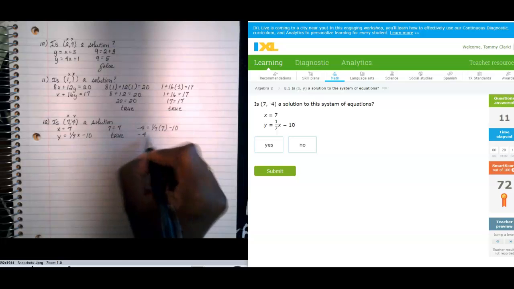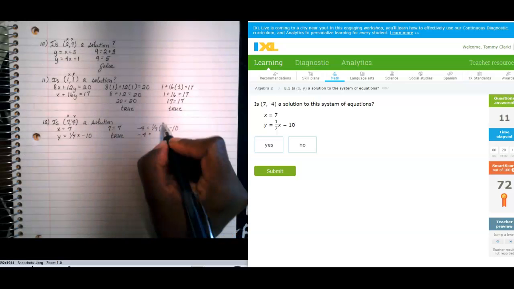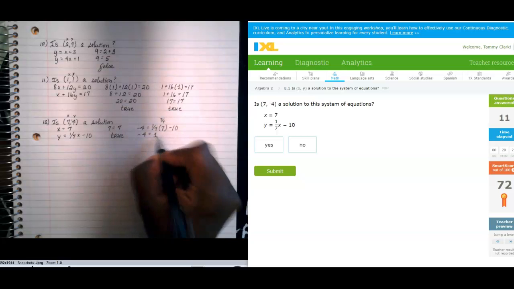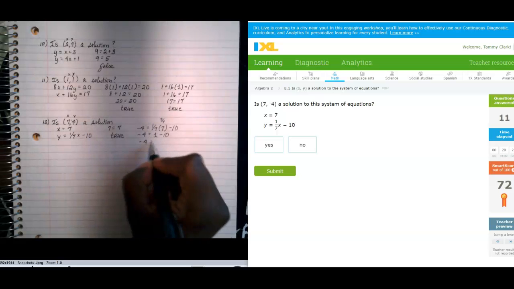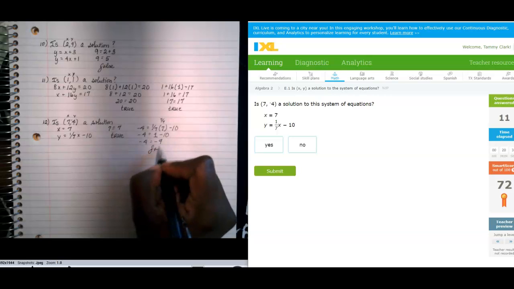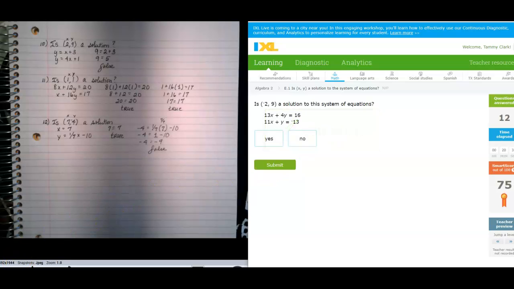If you think, 1/7 of 7 is the same as saying 7 divided by 7. So this would be 1 minus 10. -4 equals, well, 1 minus 10 is -9. So that statement is false. So (7, -4) is not a solution.